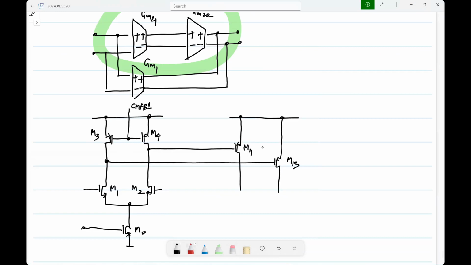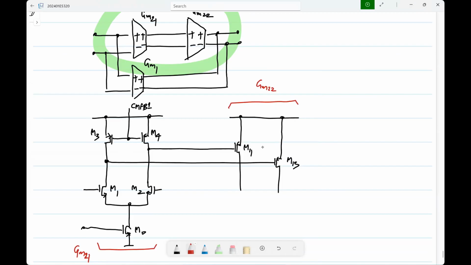So what do we have here? This part is GM21. So that part is GM22.